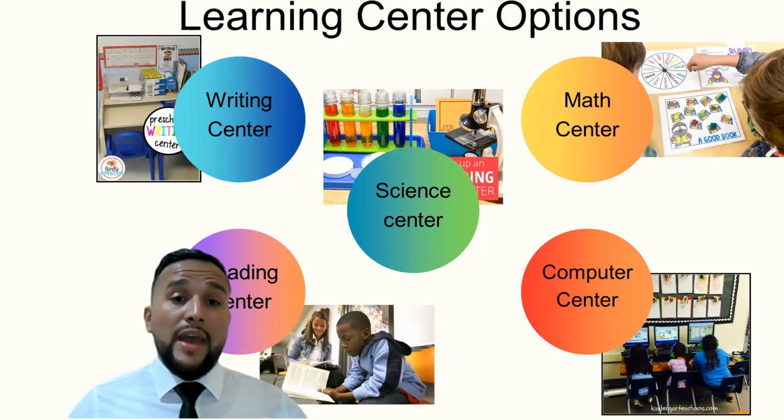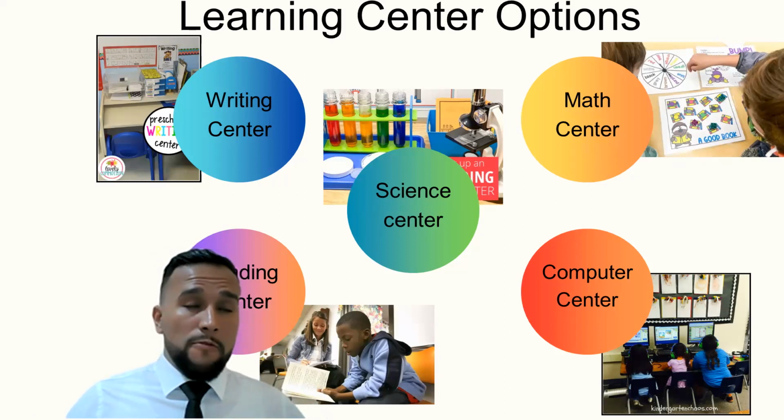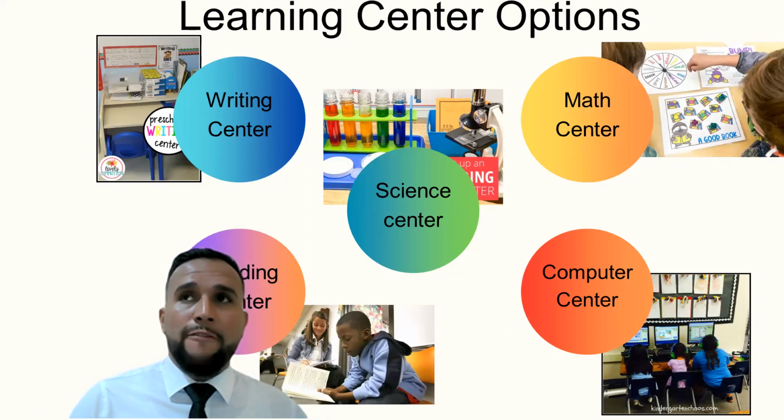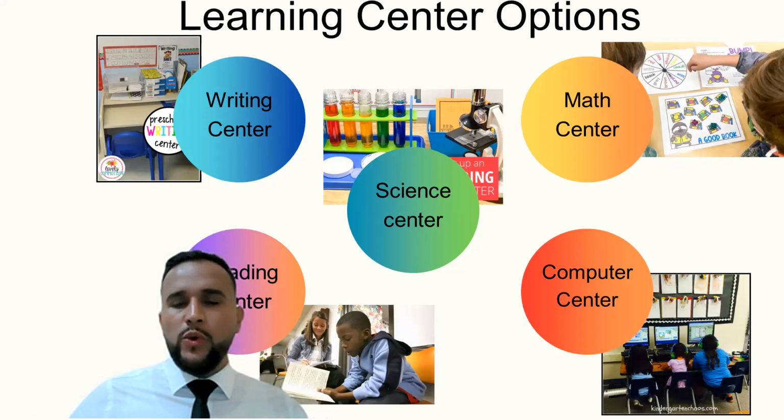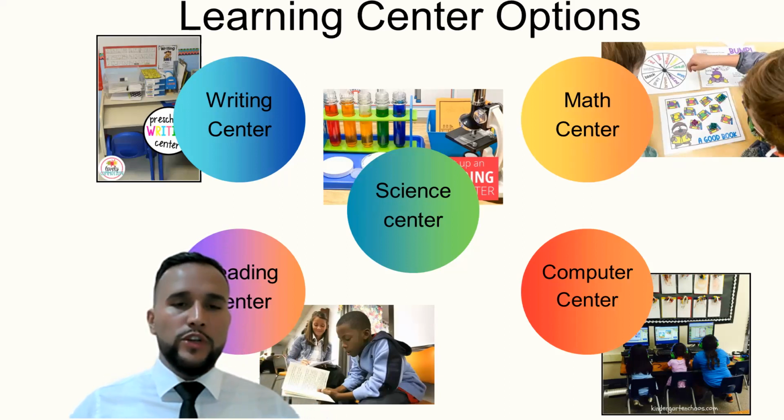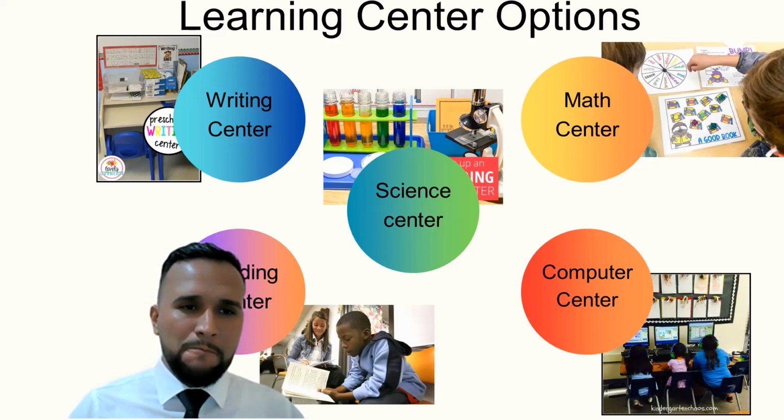Now, you can focus, for example, on feedback activities. At the end of the school day, you may have different activities for students to go in an organized manner into each one of these learning centers to prove how much they learned that day.